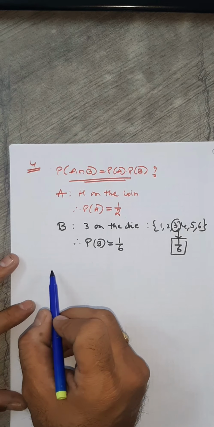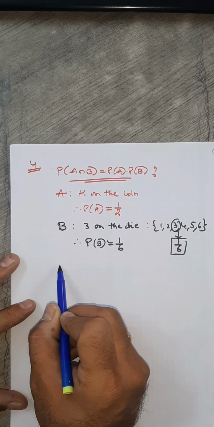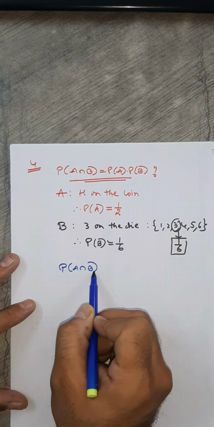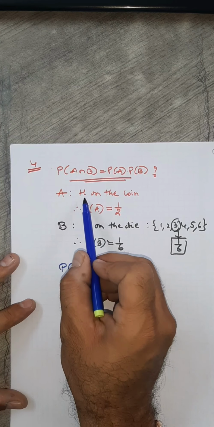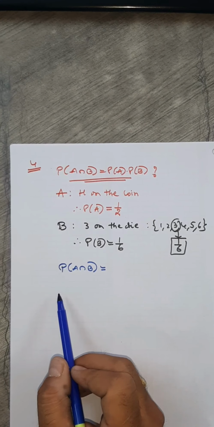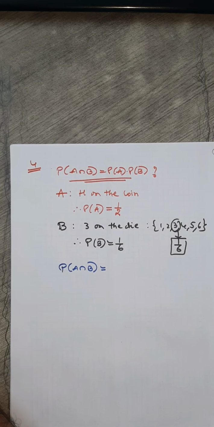Now we want the probability of A intersection B. Now what is the meaning of this? H on the coin and 3 on the die, occurrence of both. So how many ways can this be done?